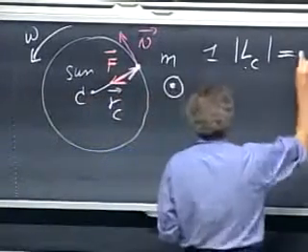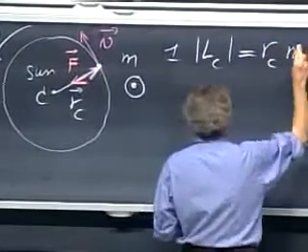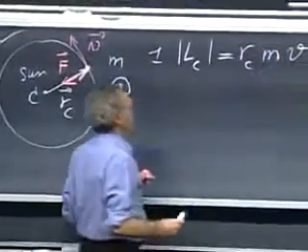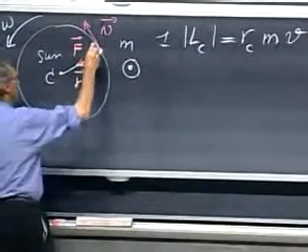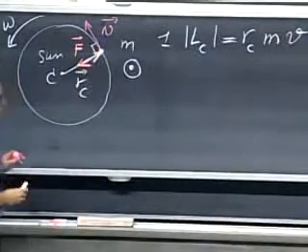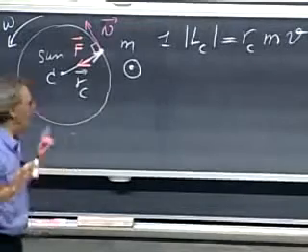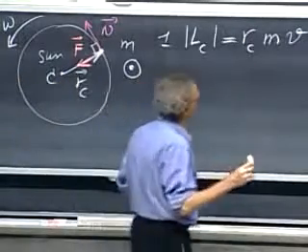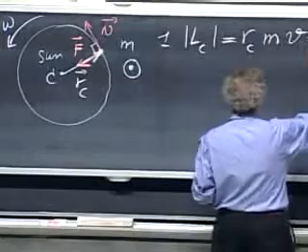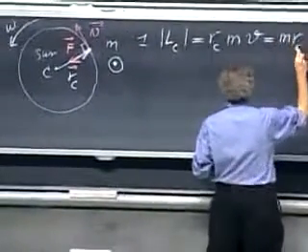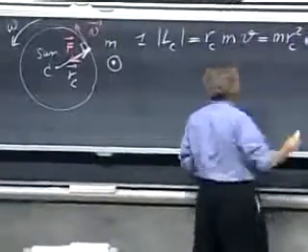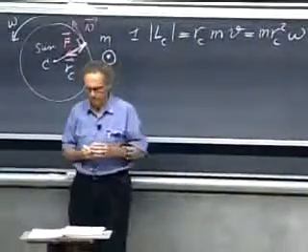That will be r of C times the mass times v. And the reason why I don't worry about the cross product now is because this angle is 90 degrees, so the sine of theta equals 1. Now, we may not like to leave v in there. It's up to you. You can always write v equals omega r, so you can also write then m r_C squared times omega. Either one is fine.